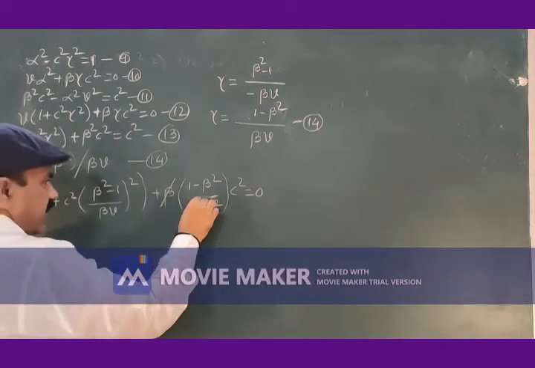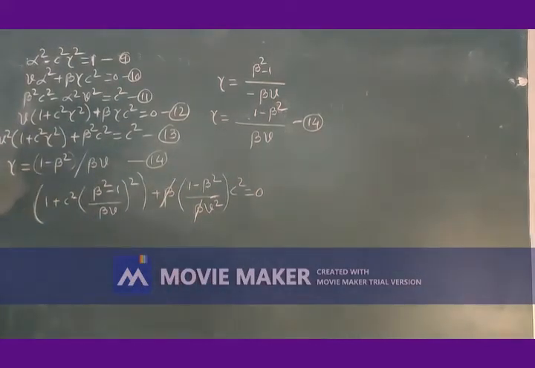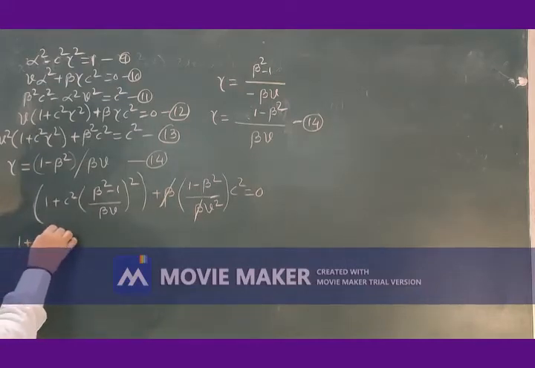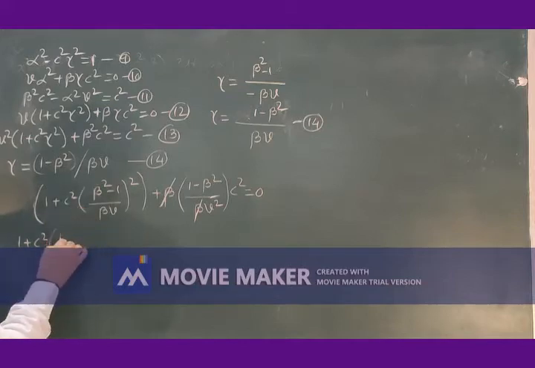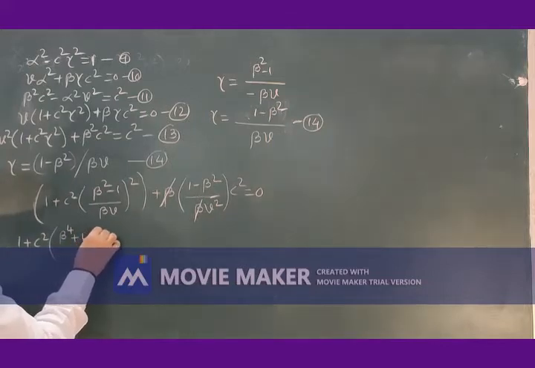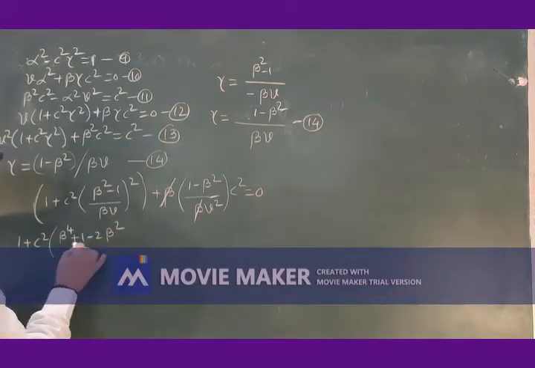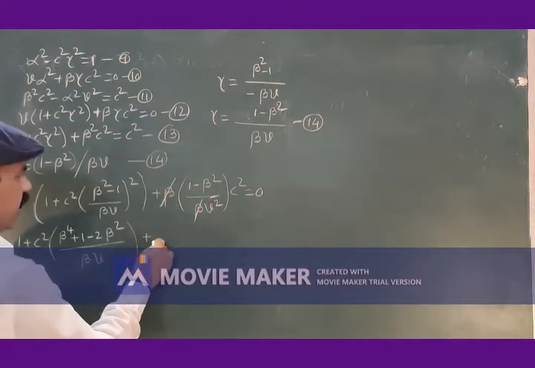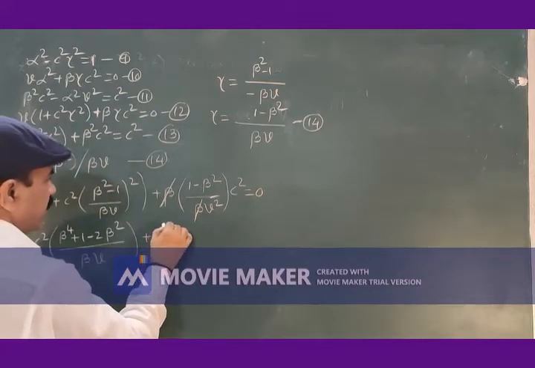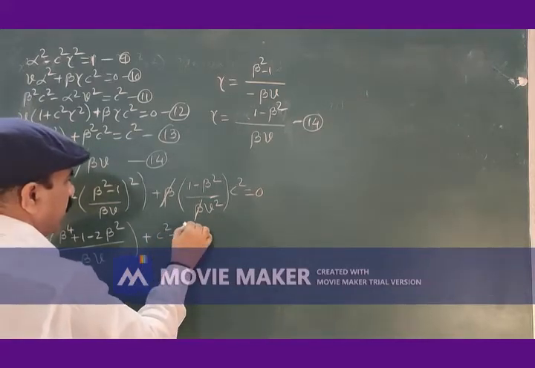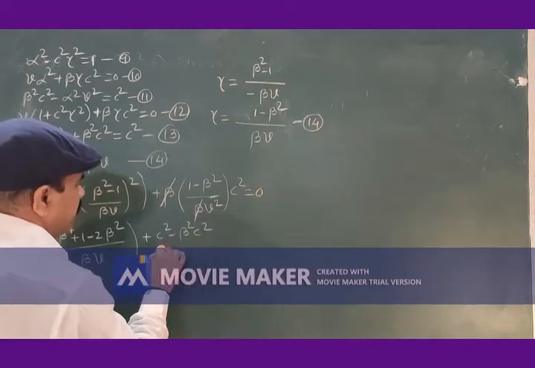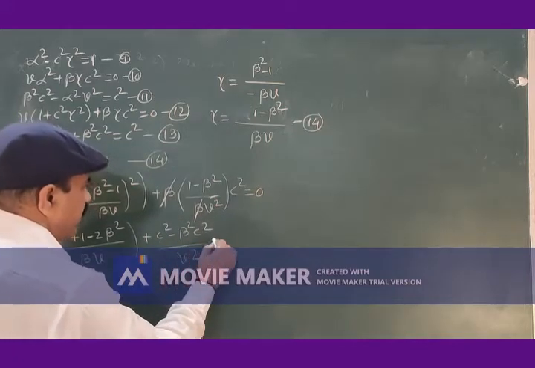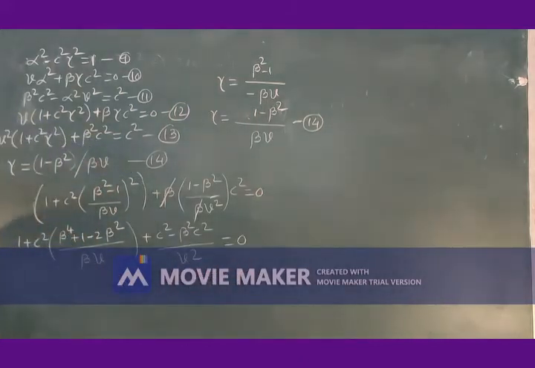This beta identically cancels out, and what is left here is 1 plus c square into beta to the power 4 plus 1 minus 2 beta square divided by beta v, plus c square minus beta square c square divided by v square is equal to 0.